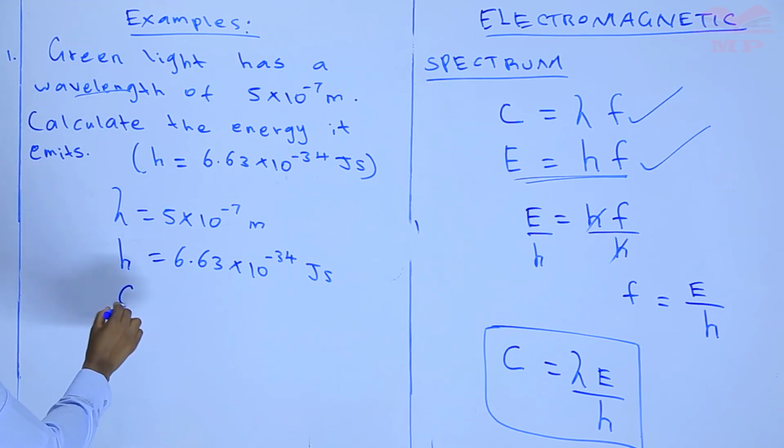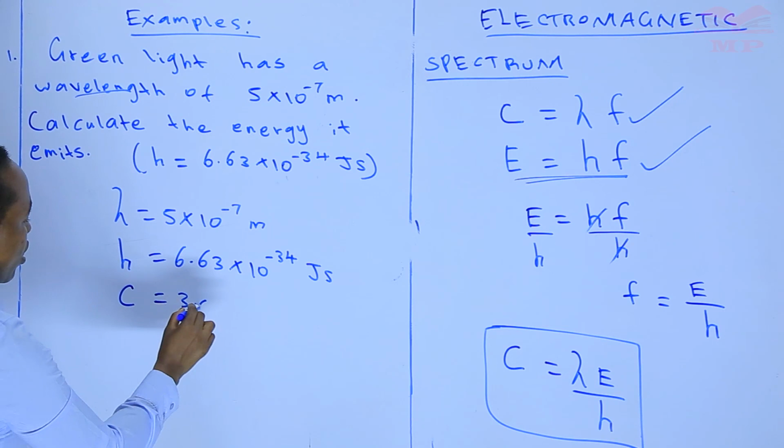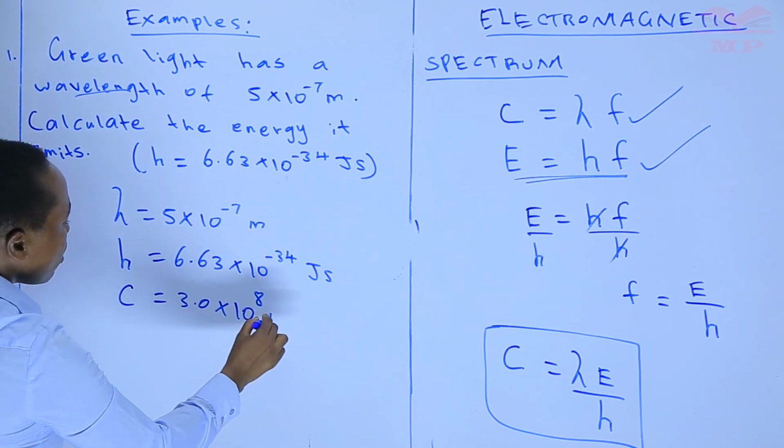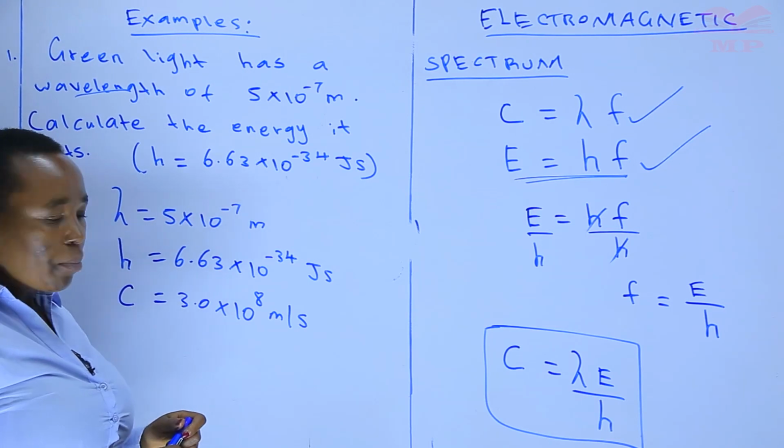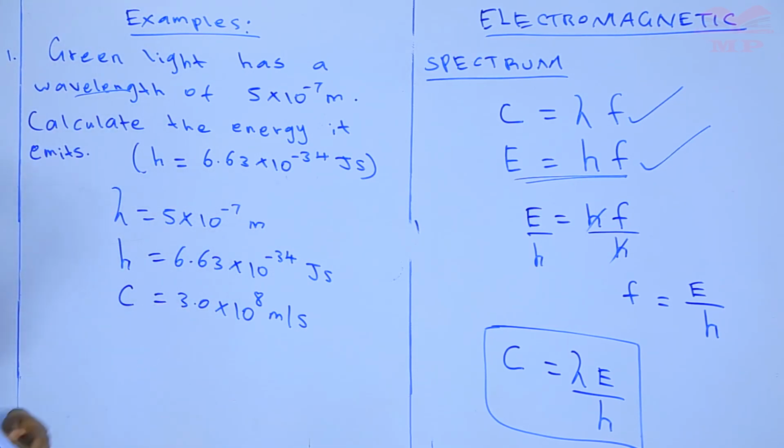And therefore, we have C, which is 3.0 times 10 power 8 meters per second. So you may not be given the value here, but you know that green light is an electromagnetic wave, and electromagnetic waves travel at the speed of light, which is 3 times 10 power 8 meters per second.